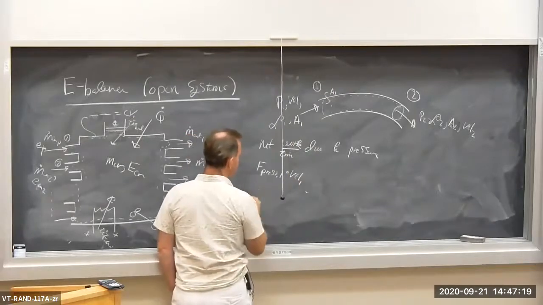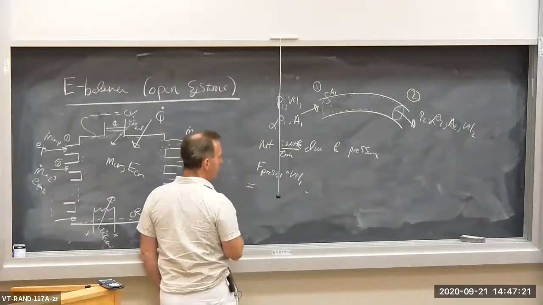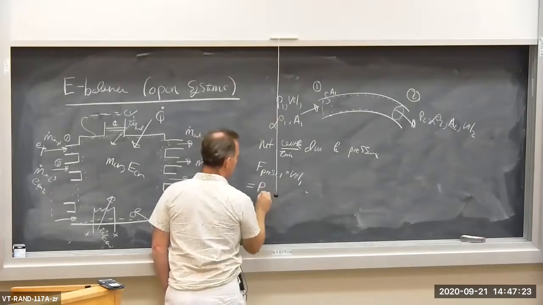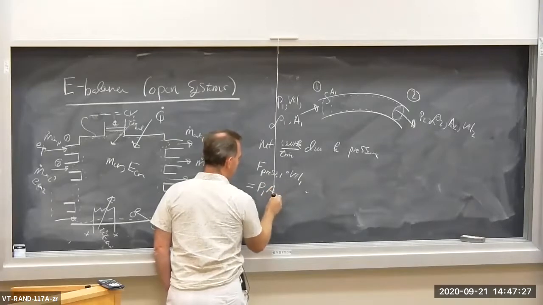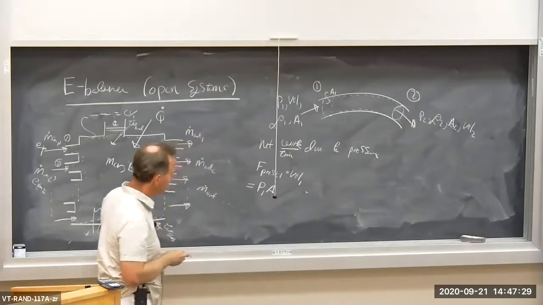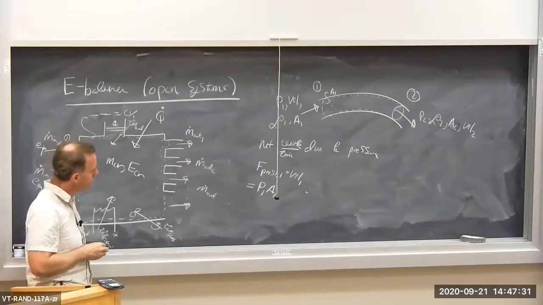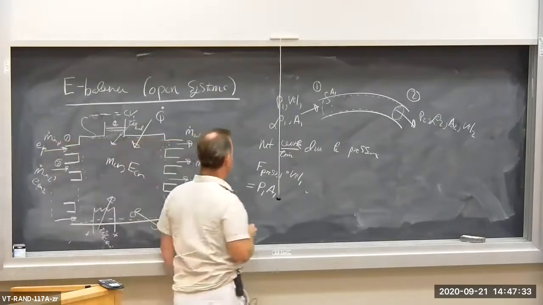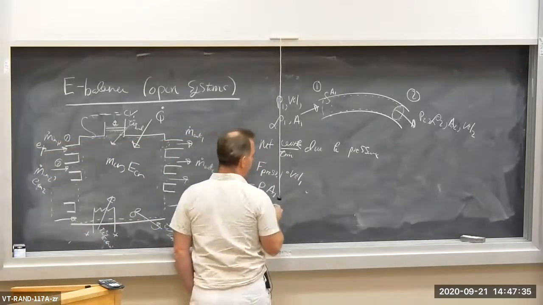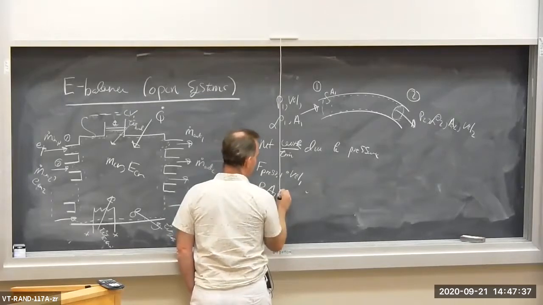Now the pressure force is equal to pressure at the inlet, P1, times area 1. Okay? So now I have P1 area 1 times velocity VEL1.